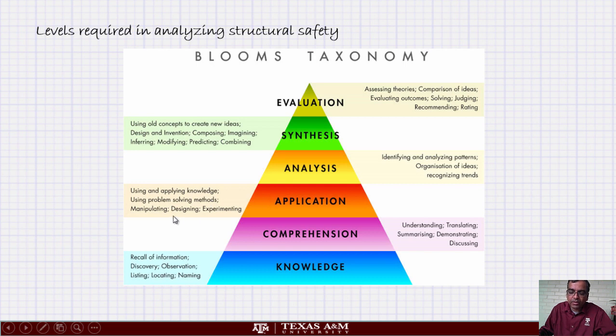Using problem solving methods, manipulating, designing, experimenting, all of that sits here. Then the next one is identifying and analyzing patterns. Pattern recognition is key, so we are going to talk a little bit about this and go further as you go. Synthesis is about creating new ideas, taking pieces together and stringing them together: looking at all the pieces you have and asking how do I go from what I have to what I need?